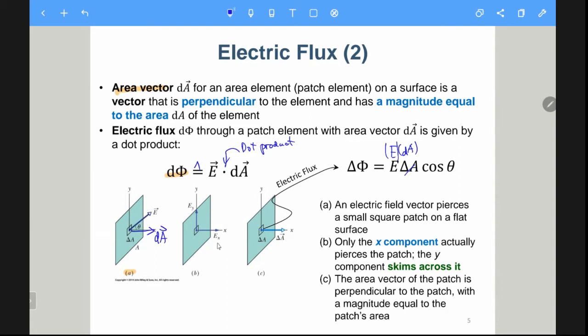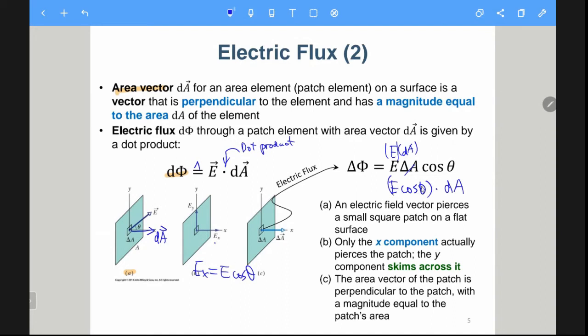So it only considers the Ex component. It will ignore the Ey component, because actually Ex is E cosine theta. So if you merge them together, it is E cosine theta times dA. It only considers the x-axis component because the area vector is in the direction of the x-axis.